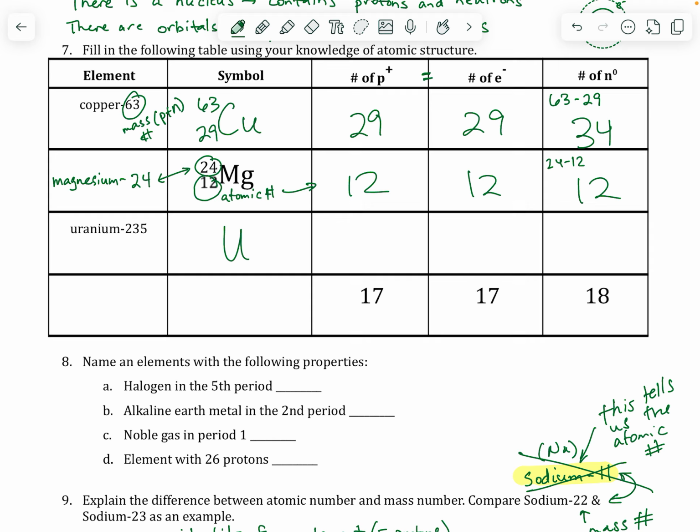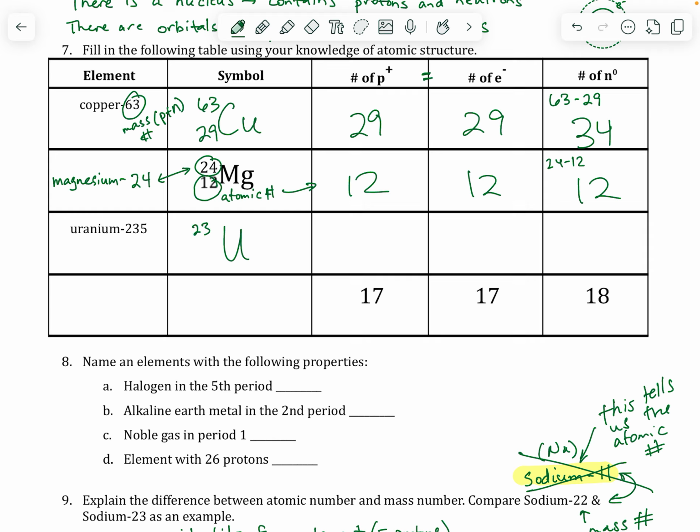Some of you in class were mentioning, oh, wait, I look and I see that uranium has a mass of 238.03. Why does it say 235? And remember, we are talking about isotopes, so there are different variations of uranium based on different masses because of different neutrons in that nucleus that we can have.